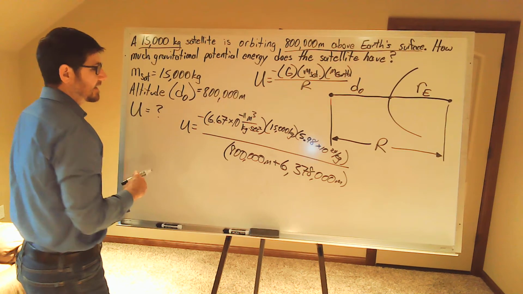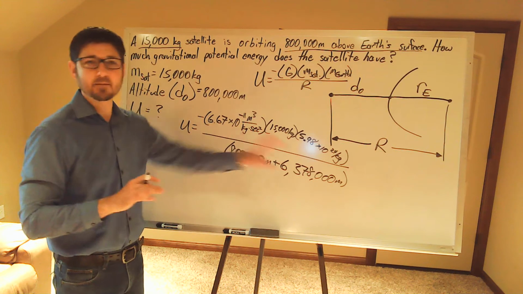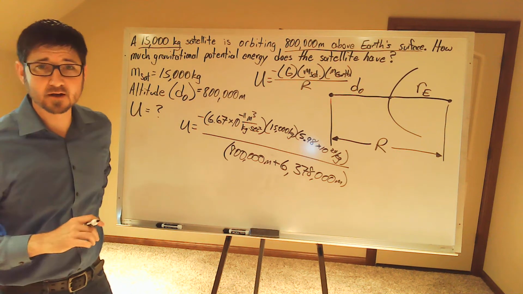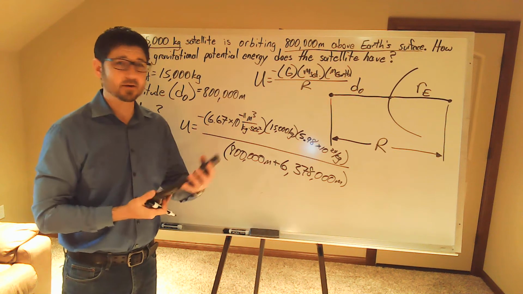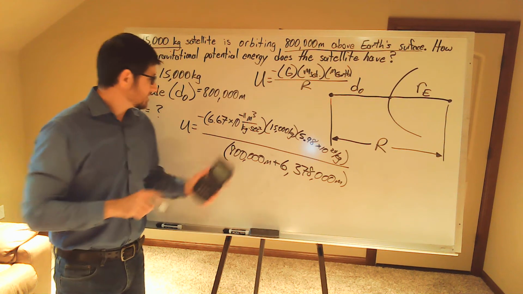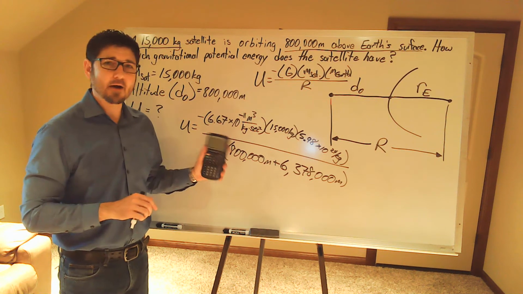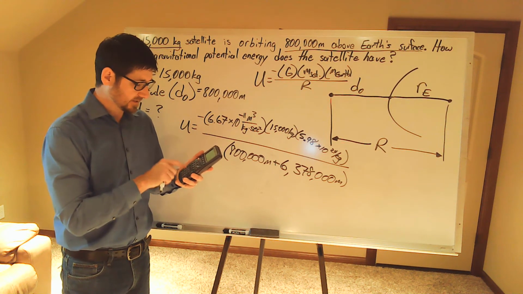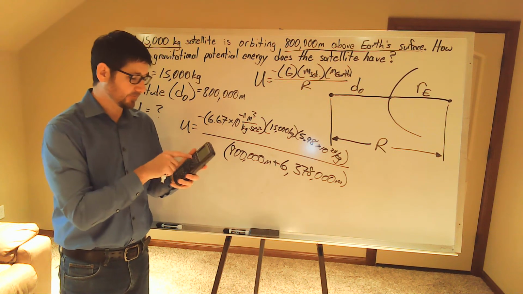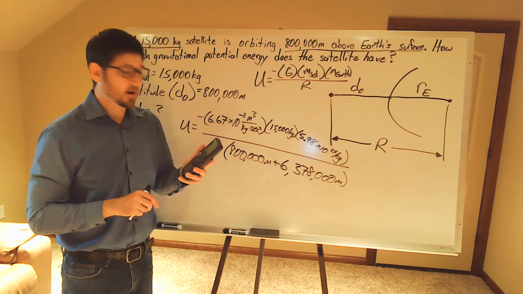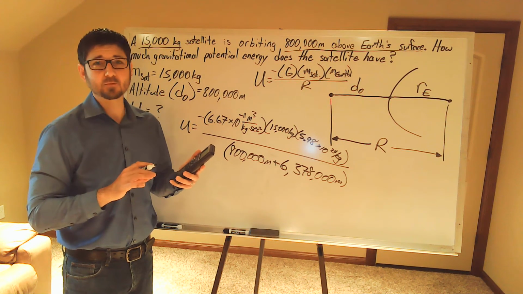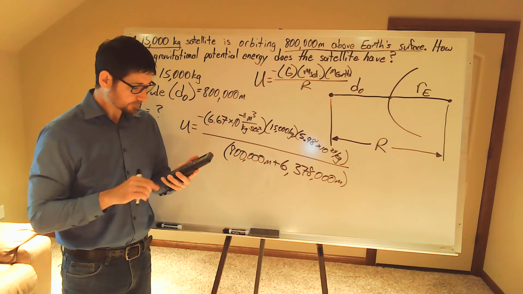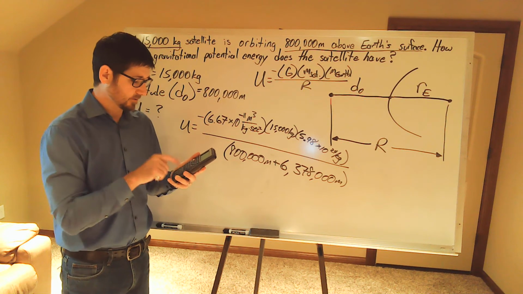What I want to do here is take a look at my numerator and get the numerical value first. Then we'll talk about the unit value. So let's take out our calculator. On my TI-83, I'm going to enter 6.67, hit the second function key and the comma, which is the EE button that represents times 10, and then to the negative 11th. I'm going to multiply this by, open parentheses, 15,000, close parentheses, and hit enter. I'm taking the product of these two values first.